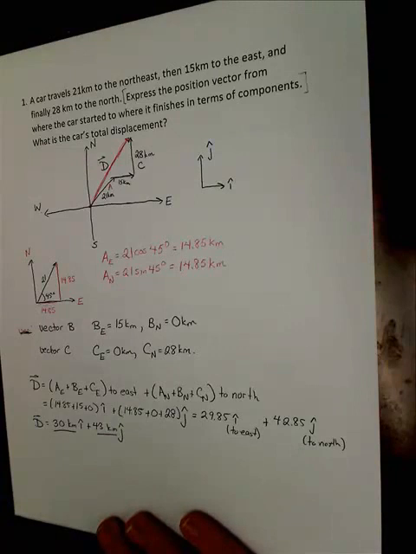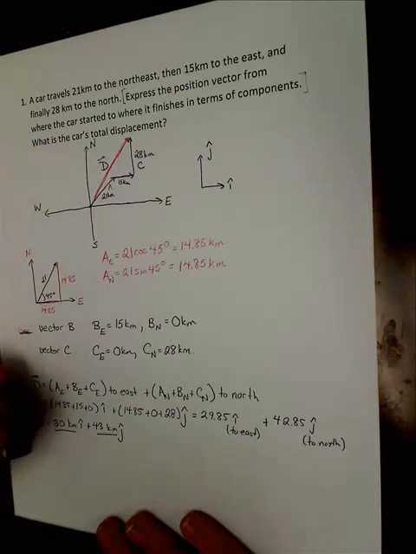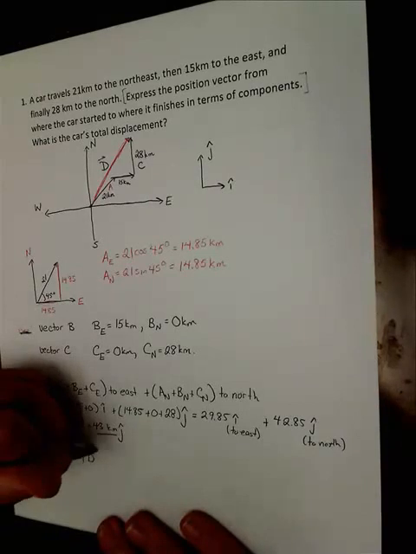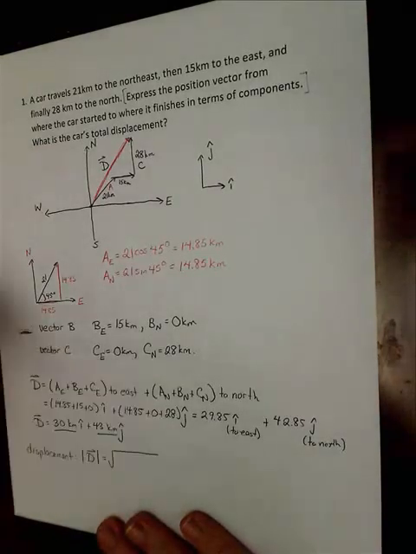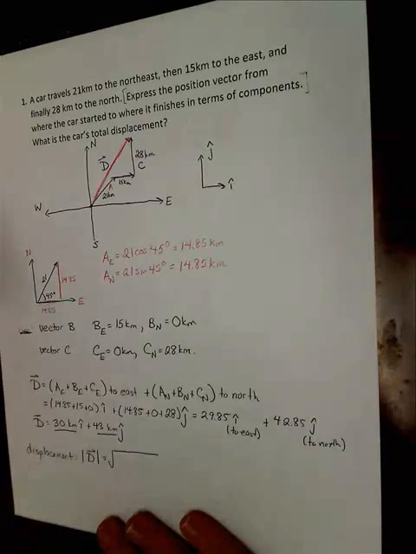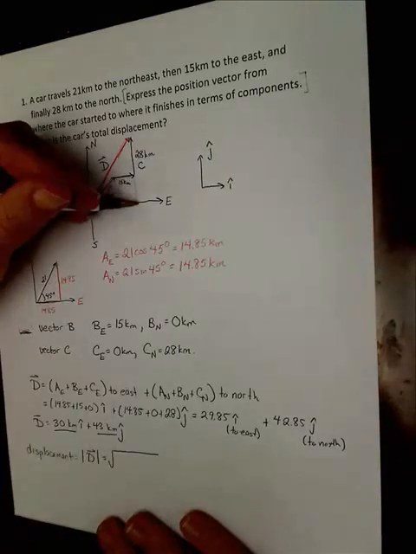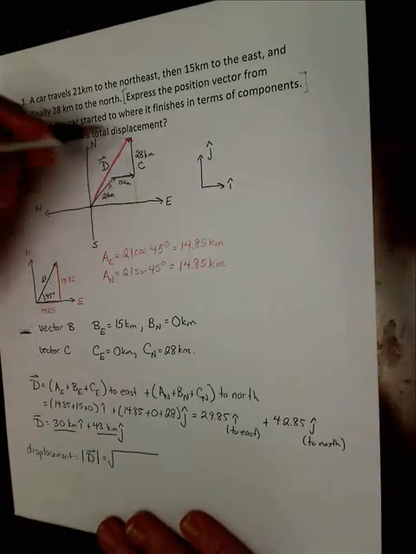All right, last part. What's the total displacement? Well, the total displacement is just the length of vector D. So total displacement is equal to the magnitude of that vector. And the magnitude of that vector, remember Pythagoras, you add east squared plus north squared.